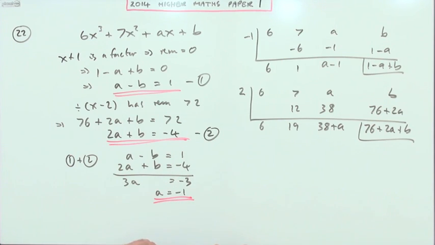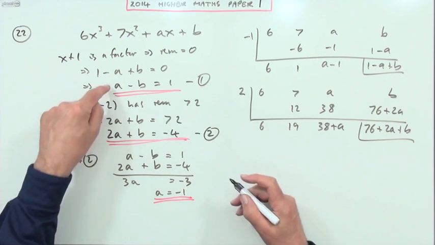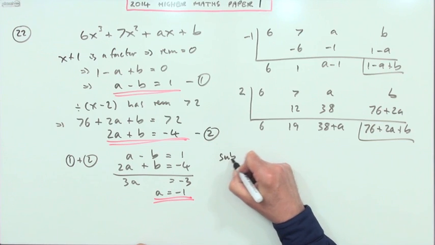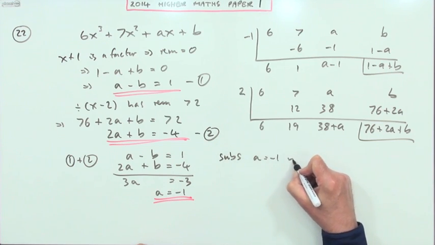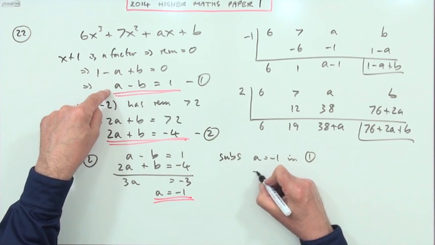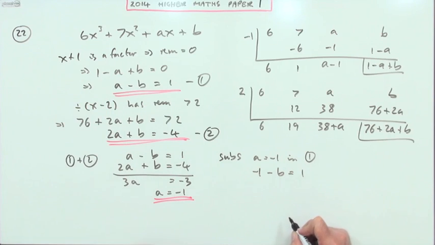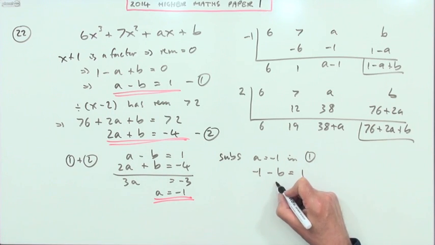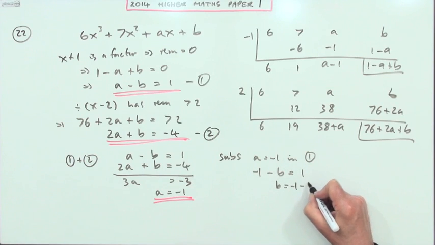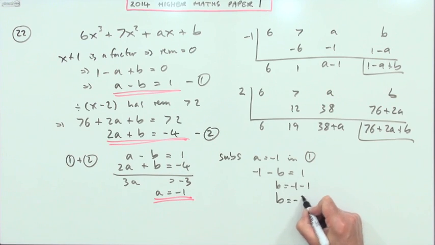That's a nice enough number for an answer. And as soon as I know what that is, I can go back to whichever one, this one here. So if I substitute A equals negative 1 in 1, I'll have negative 1 minus B is 1. Taking that across, B equals negative 1 minus 1, whichever way you want to do it. So B equals negative 2.